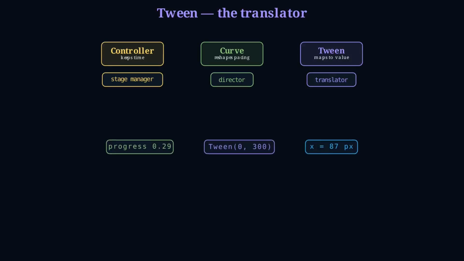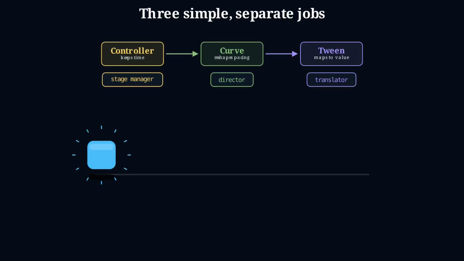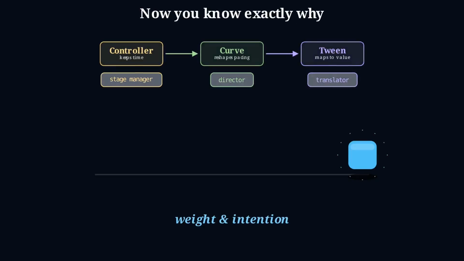It takes that reshaped progress and turns it into an actual value your UI can use. A position, a color, a size. 3 simple, separate jobs. Combine them and you get that box from the very start of this video. The one that didn't just move, but felt like it had weight and intention behind it. Now you know exactly why.